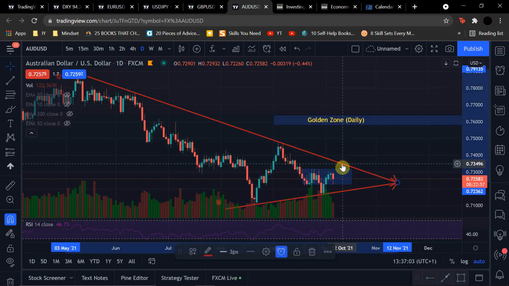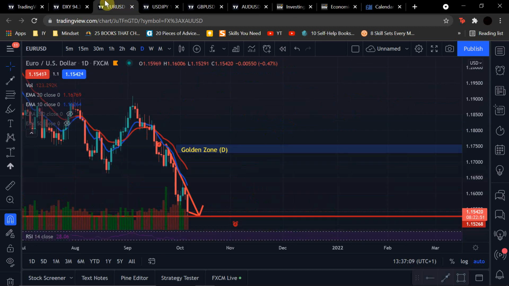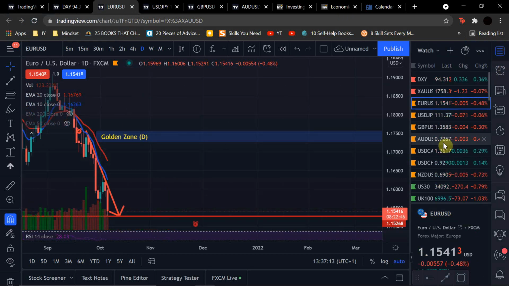I've got these alerts up. Everything looks like it's just making a triangle, to be honest. Do I need more than that? To be honest, I don't think I do.